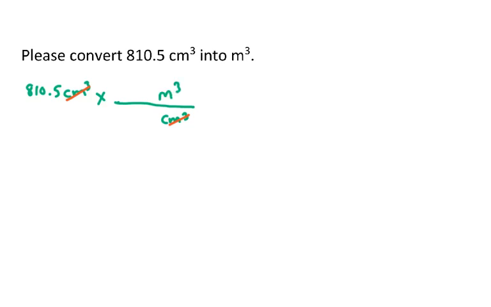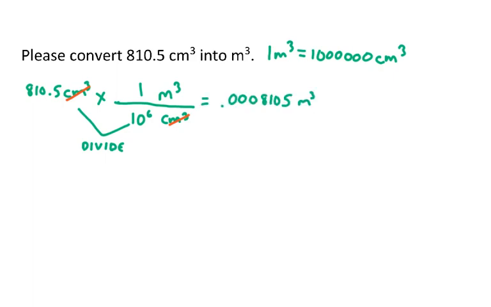Since we want to convert into meters cubed, that unit goes in the numerator. 1 meter cubed equals 1 million centimeters cubed. 1 will go next to meters cubed in the numerator, and we can abbreviate 1 million as 10 to the 6 in the denominator. Since 10 to the 6 is in the denominator, we're actually going to divide this time. So 810.5 divided by 10 to the 6 equals 0.0008105.